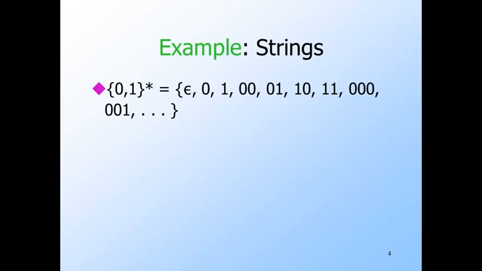For example, the language 01 star consists of all strings that can be made from the symbols 0 and 1. For example, epsilon, the empty string, is in this language. There are two strings of length 1, the strings 0 and 1, and there are four strings of length 2, and so on.